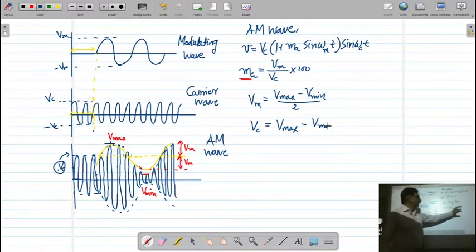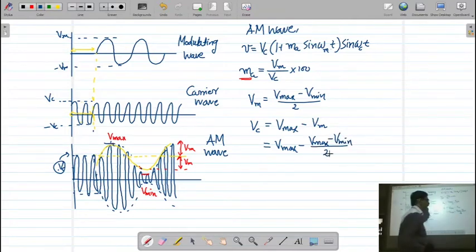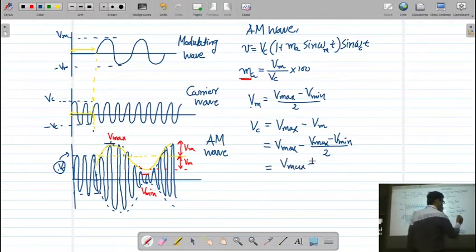Now what is Vm? V maximum minus V minimum divided by 2, because we have already calculated Vm. As a result, if you simplify, you will get V maximum plus V minimum divided by 2.